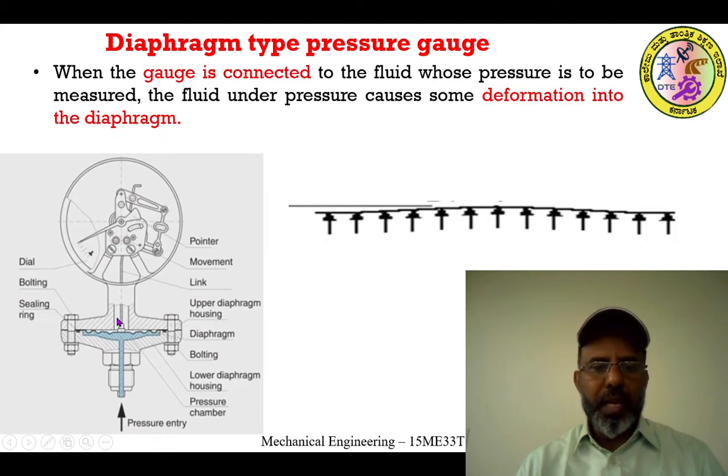Now when the gauge is connected to the fluid whose pressure is to be measured, what happens? This corrugated diaphragm, which is in this position, changes its shape to this form. The fluid under pressure causes deformation of this diaphragm.